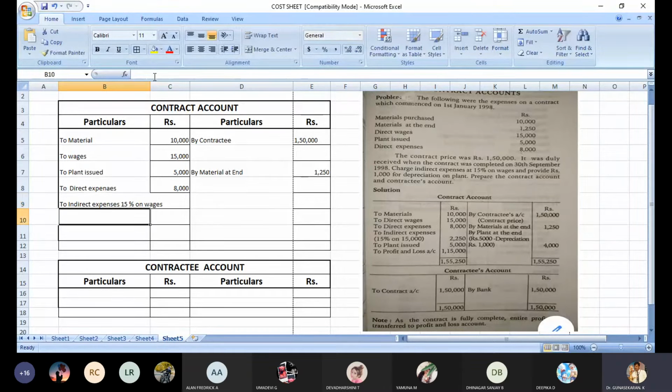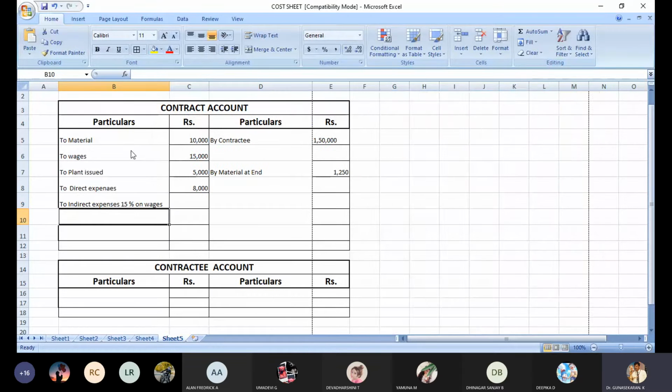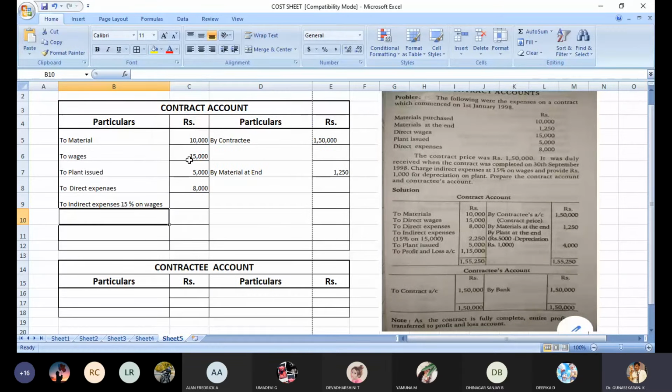Okay. How much value? Wages. Actually, the wages amount 15,000 is given. So 15,000 divided by 100, multiplied by 15. So how much value is available? 15% means 2,250 rupees indirect wages value.